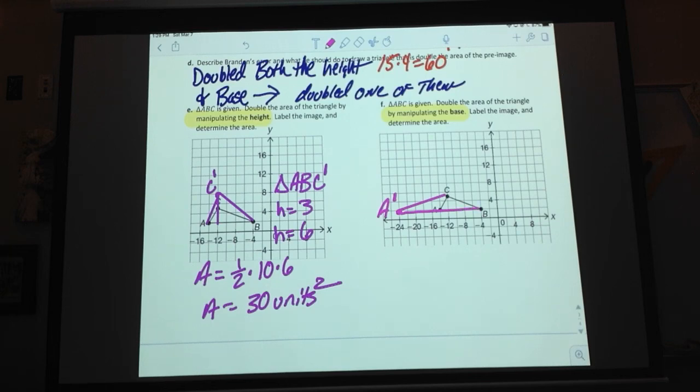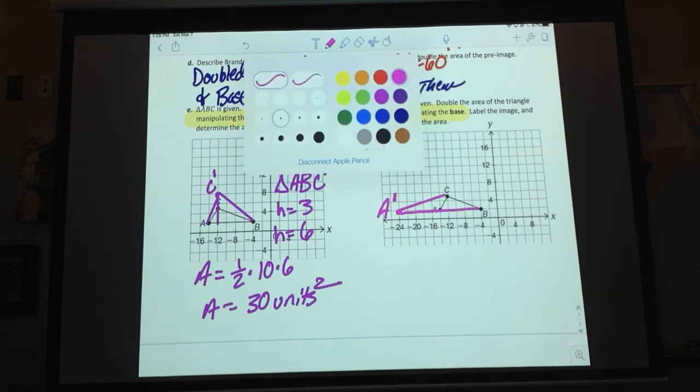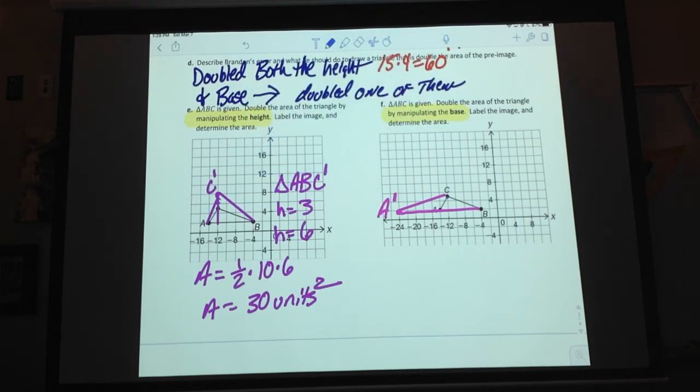Now once again, I already know my height, and I'm going to do it in a different color so you can see it. I know my height here. My original height was 3. Alright, we know that. We are now creating triangle A prime, B stayed the same, C stayed the same, so it's just A prime, B, C. Okay?